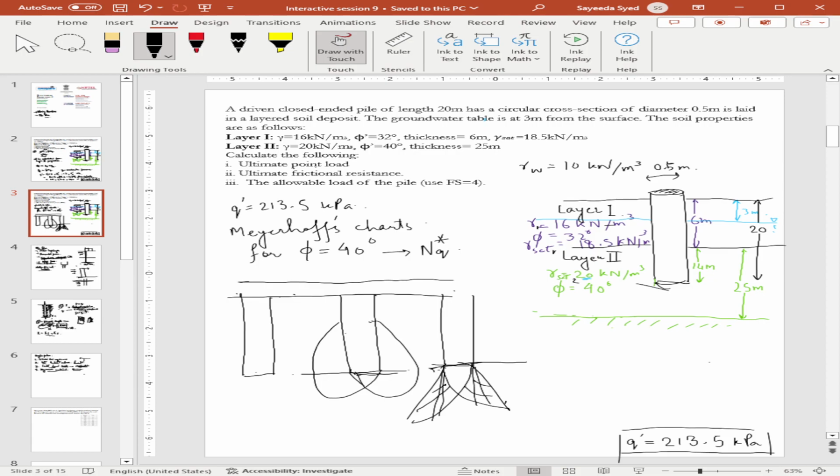According to Vesic, punching shear failure occurs in deep foundations, irrespective of the density.